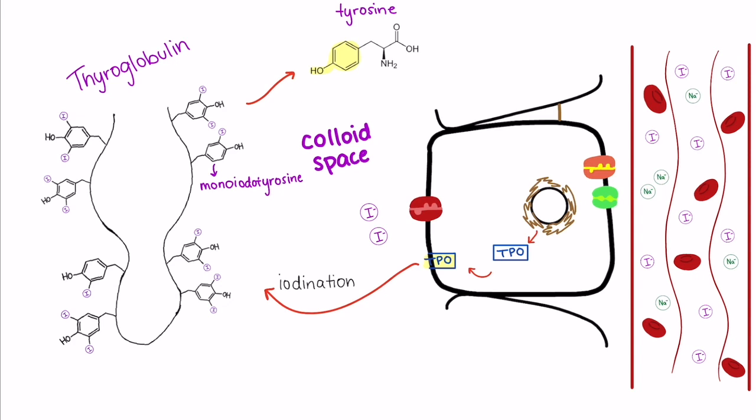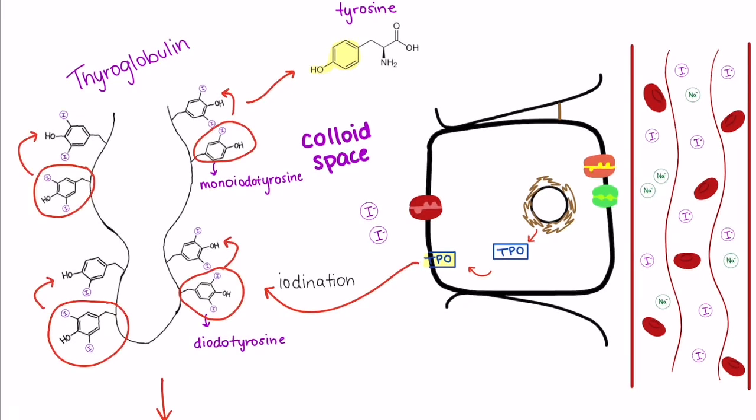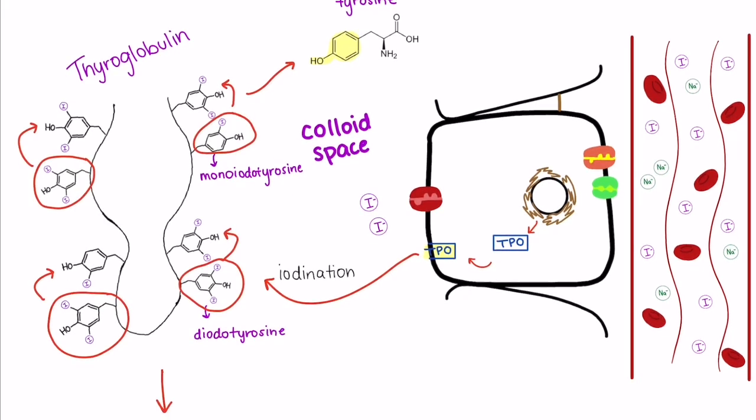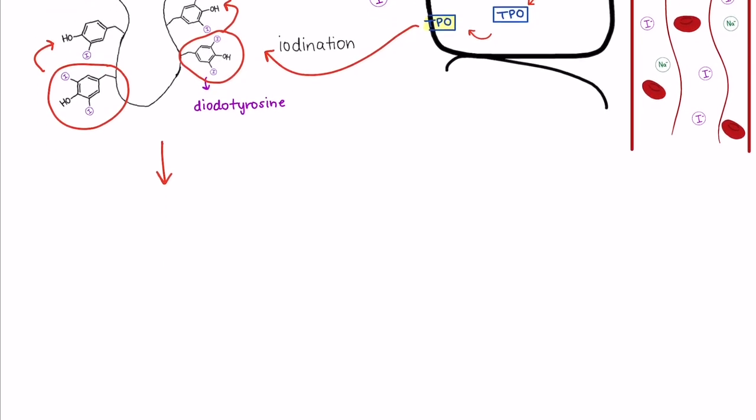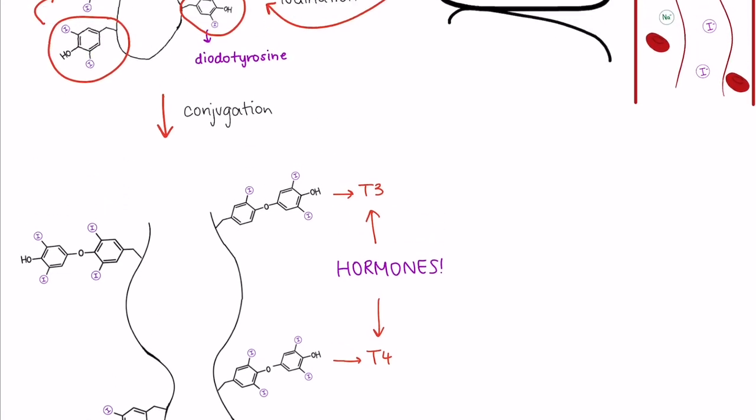If two tyrosine residues of a domain are iodinated, this forms diiodotyrosine. Iodination of the entire thyroglobulin initiates the conjugation of neighboring residues by thyroid peroxidase. This conjugation results in three types of hormones, including T3 and T4.